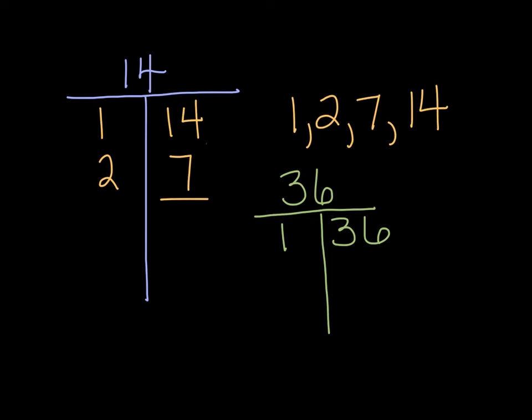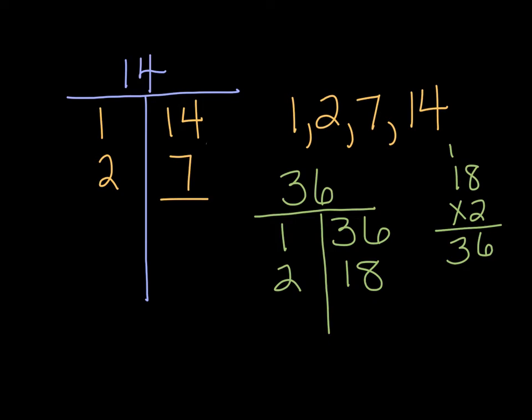And if we have 2 times what is going to give us 36? Think about that for a minute. 2 times what is going to give us 36? Should be 18. Let me just double check my math here. So 2 times 8 is 16. Regroup. 2 times 1 plus 1 is 36.